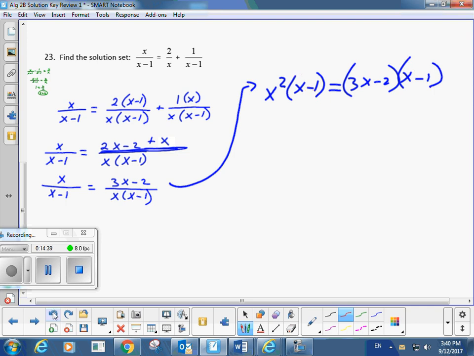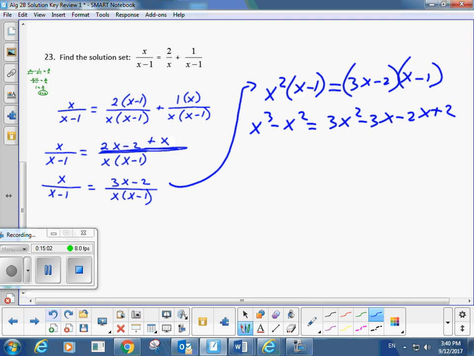Okay, giving us, oh boy, x to the third. I changed the colors there. I didn't want to. Apologize. All right, anyway, x to the third minus x squared equals, this is FOIL, this is 3x squared minus 3x minus 2x plus 2. And let's start to collect some like terms. I'm going to move all the pieces to the left.